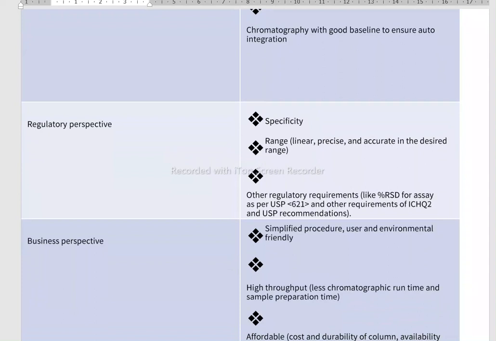The method you develop should be specific, linear, precise, and accurate in the desired range. Other regulatory requirements, like percent RSD for system suitability as per USP General Chapter 621, and other requirements of ICH Q2 and USP recommendations, come under the regulatory perspective.